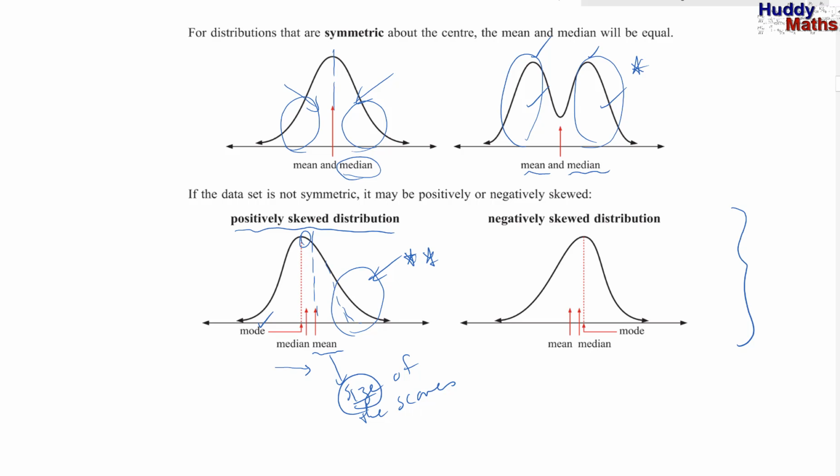Quite a bit larger than the ones further down the distribution. And so when you add those all up and divide by how many there are, you actually get an increase in the value of the mean, more so than in the median. The median's only saying, well, you've got more up there. It doesn't take account of the size and boost that value by adding them as the mean does.